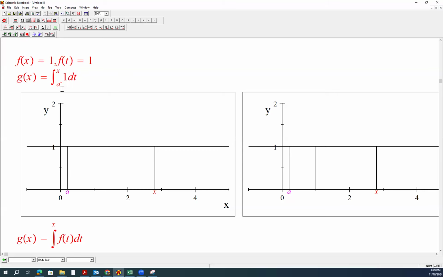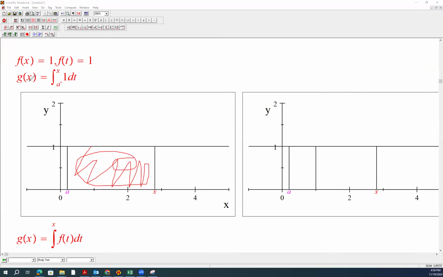Okay, so from a to x, integrating f of t, which is 1, gives the area underneath the curve. And of course, here we don't have a curve, so this is the area. This is g of x.